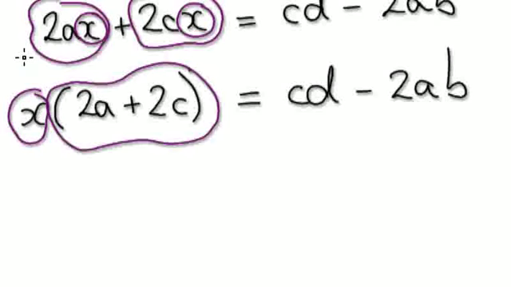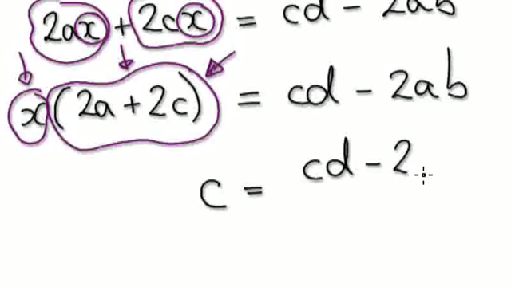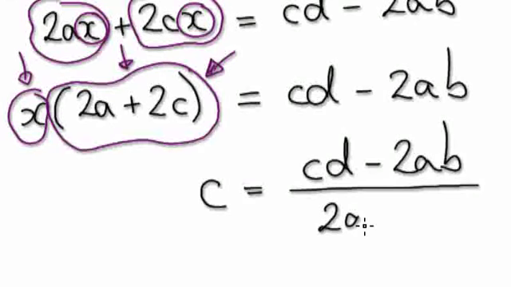At the moment, that's what it is. So divide both sides by this complicated bubble here. So you will have x on this side, and on this side you will have this divided by that bubble there, 2a plus 2c.